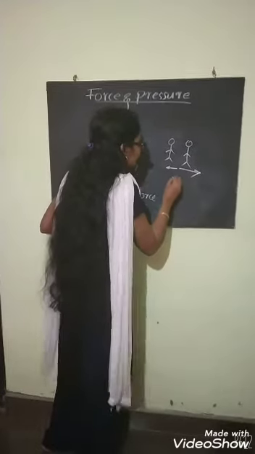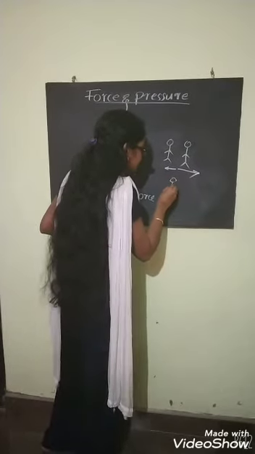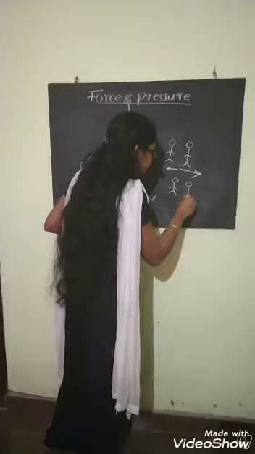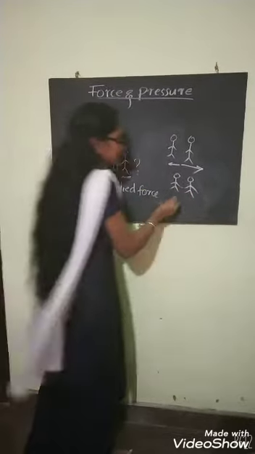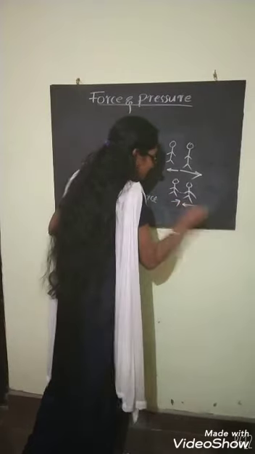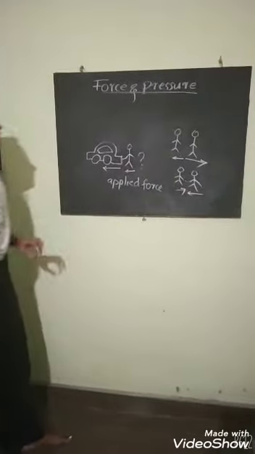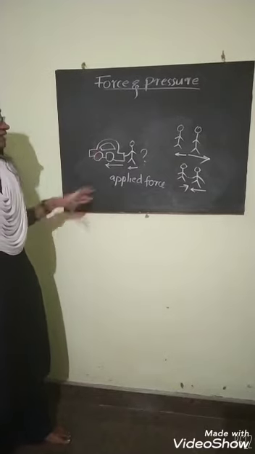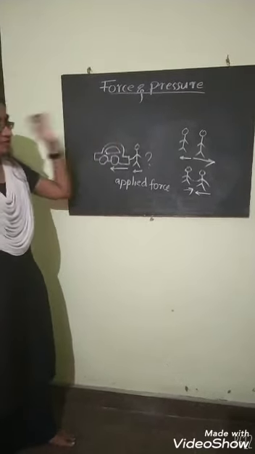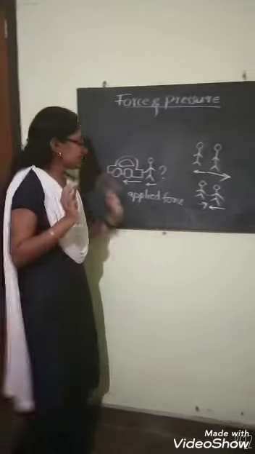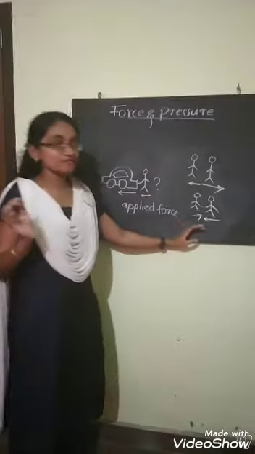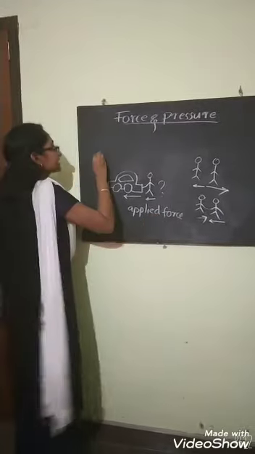And in another example, two girls are standing and pulling each other. And there is another example, a person and a cow standing near each other and pulling each other. In each and every example, we can see an interaction.